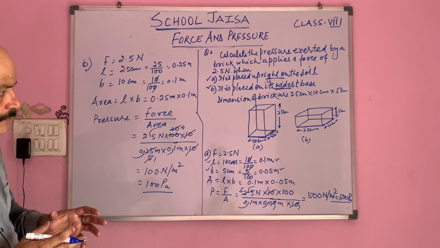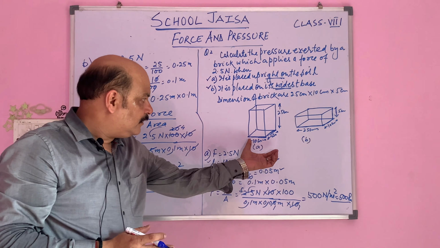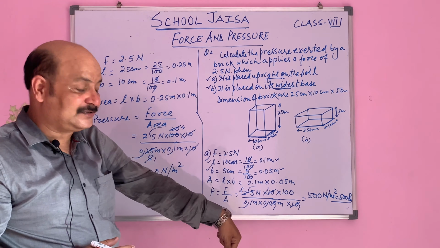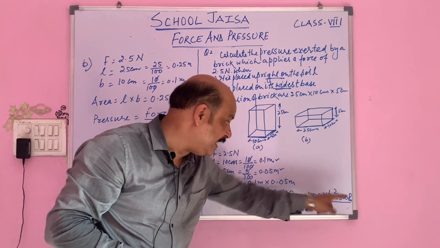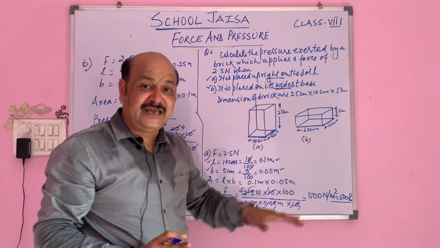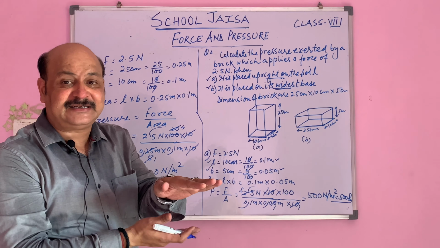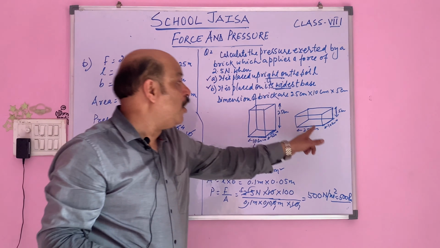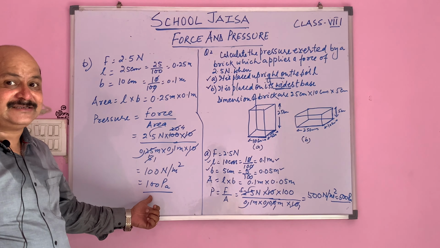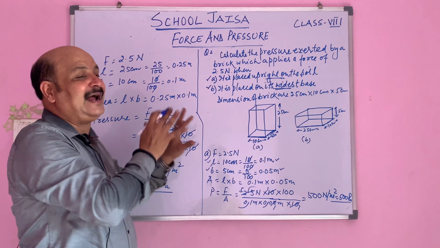It tells that in this case the area was less, so the pressure exerted was more, that we can see here, 500 Pascal. Whereas in this case we see the area coming in contact with the soil is more. This is the reason the pressure exerted is less. So what do we understand with this?